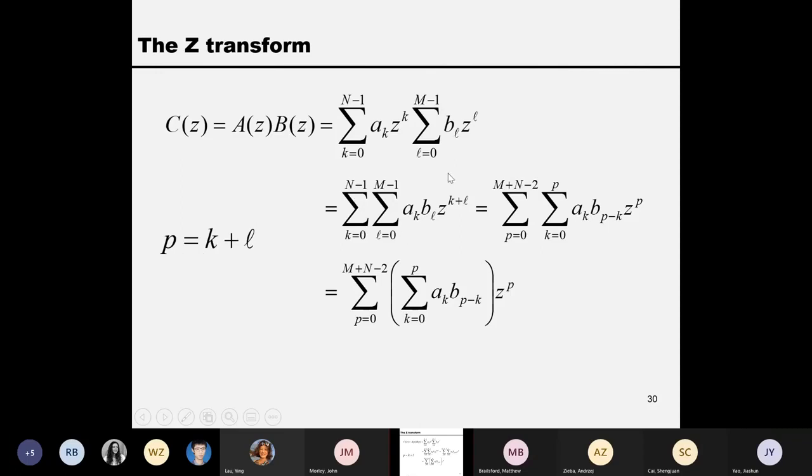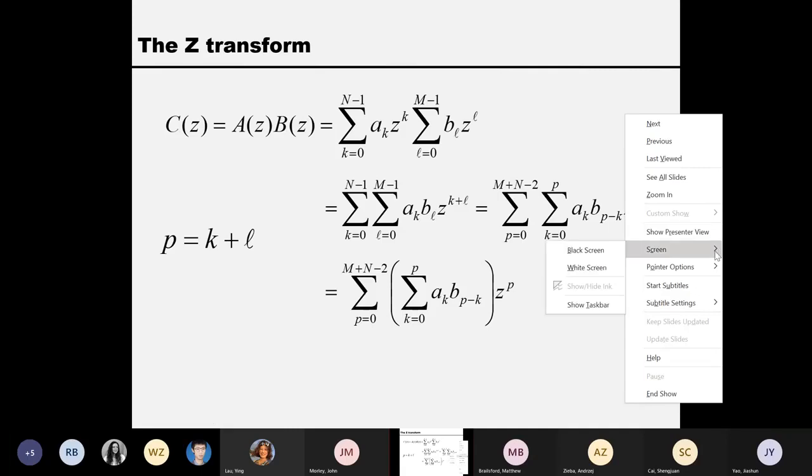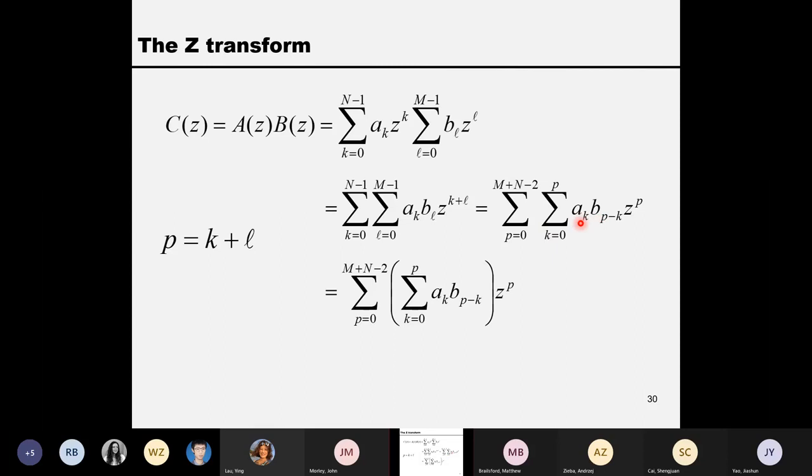So you end up with this formula: the sum of A_k B_(P-k) Z^P. Now we have a new time series where the index is P, and the coefficient of each Z factor is the summation, which is simply called C_P.